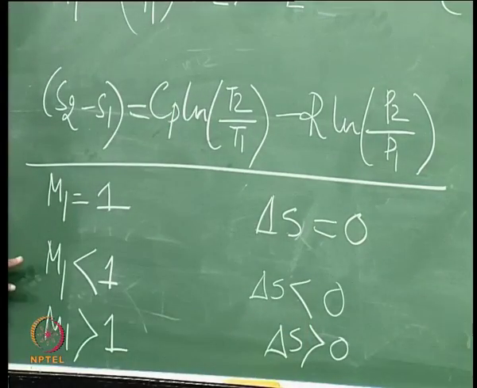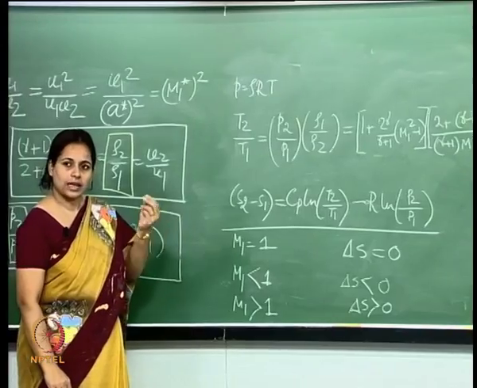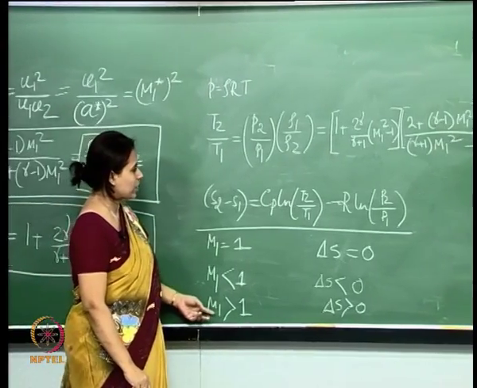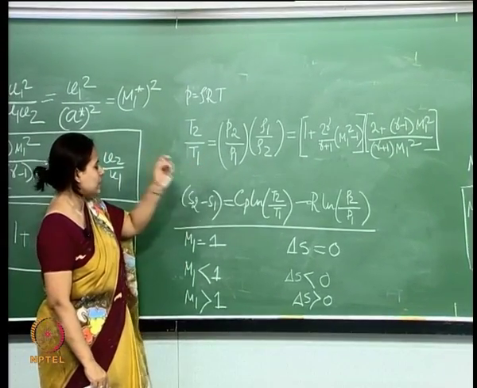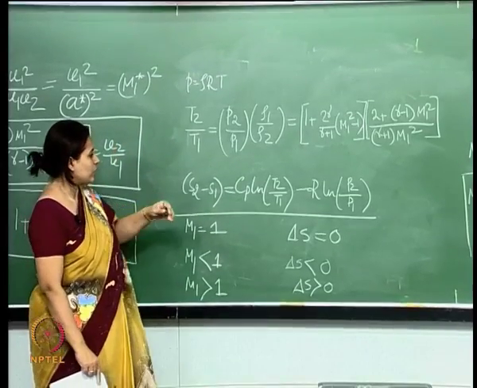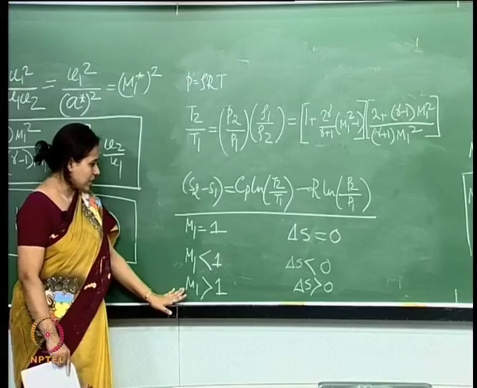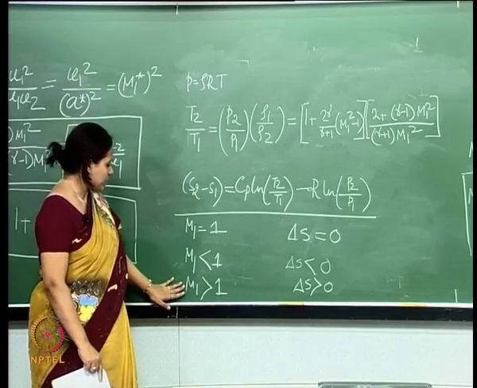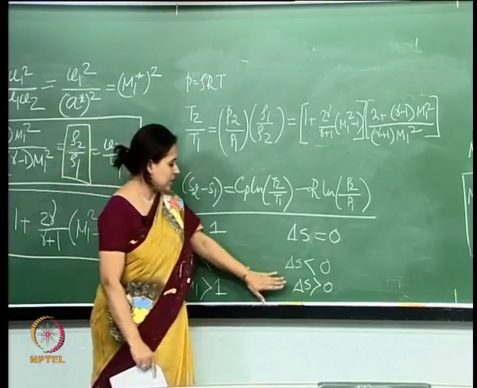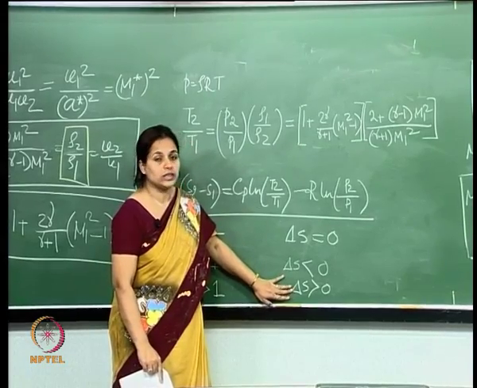Again, for these two cases, take an actual value of the Mach number, put it there and see what you get for the corresponding entropy change. So, if it is supersonic flow, then the entropy is increasing.